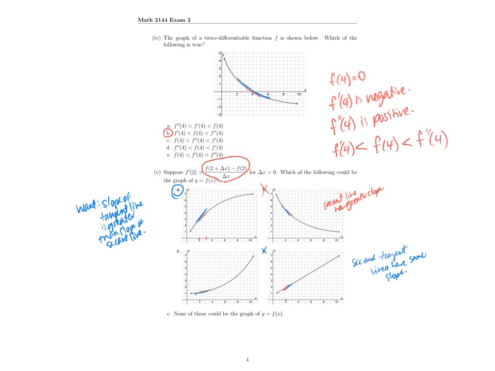Now it's less steep, but it's negative. So if you're less steep but you're negative, that means you're closer to 0, so you're greater. What about here? Here the secant line is steeper than the tangent line. And then this one, they're equal. So the answer is A.